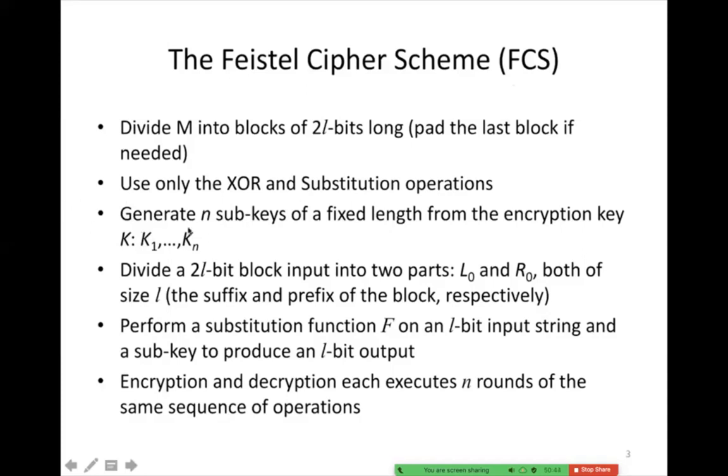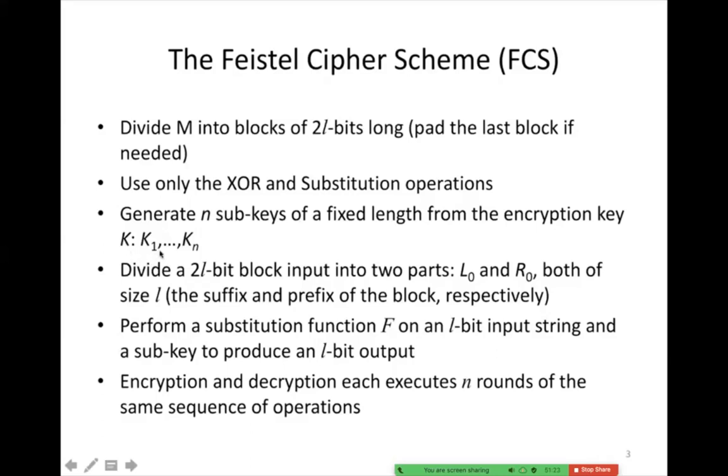It generates subkeys, we also call them round keys, of a fixed length from the encryption key. The reason sometimes we use round keys and sometimes subkeys is that some of the rounds may use more than one subkey, for instance at the beginning or at the end, but usually subkeys are round keys.